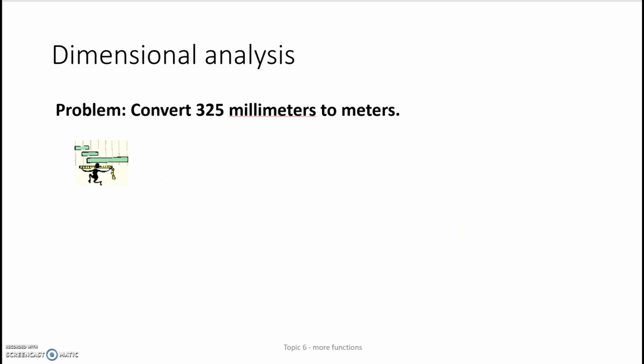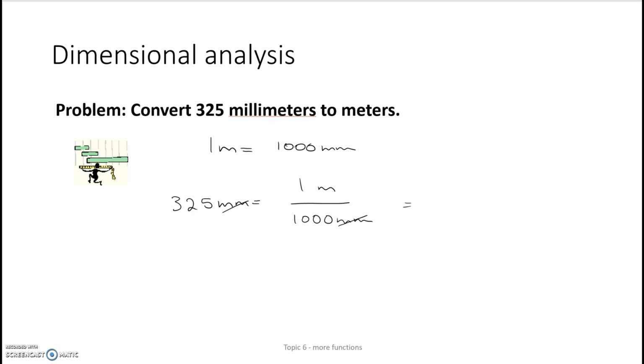To convert 325 millimeters to meters, for example, we know that the conversion factor will be 1 meter equals 1,000 millimeters. So let's write 325 millimeters times 1 meter over 1,000 millimeters, and then cancel the units.